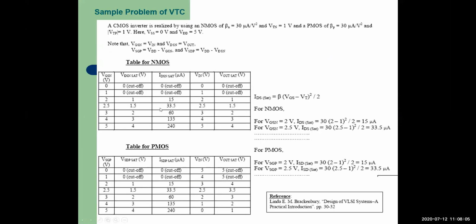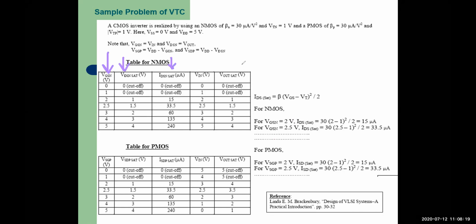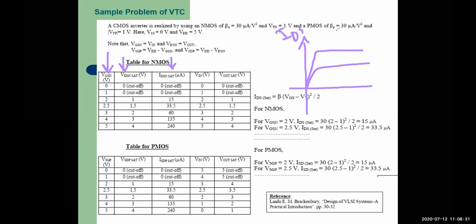Now we have to fill up these two tables, a table for NMOS and a table for PMOS. So the first table will be with VGS, VDS, IDS. Why? Because our graph was this, right? The graph has three things: one is IDS, another one is VDS, and another one is VGS.